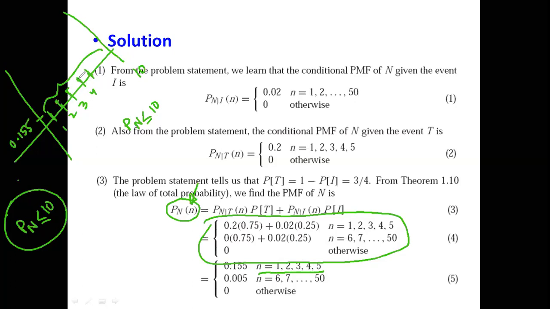And then these values are even smaller. If we can see this one, these values are smaller, and that value is 0.005. Do you understand?